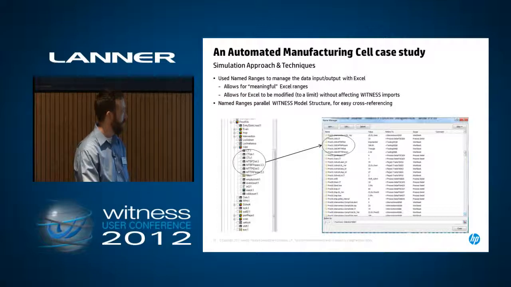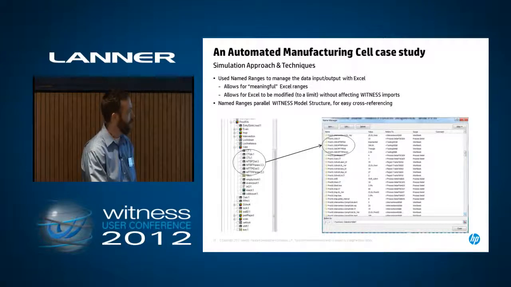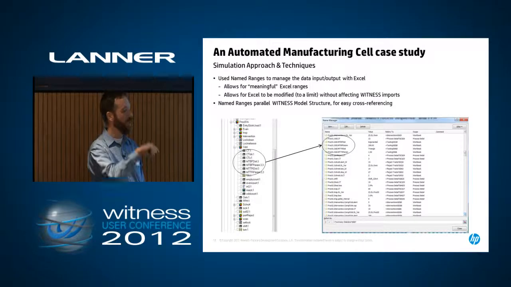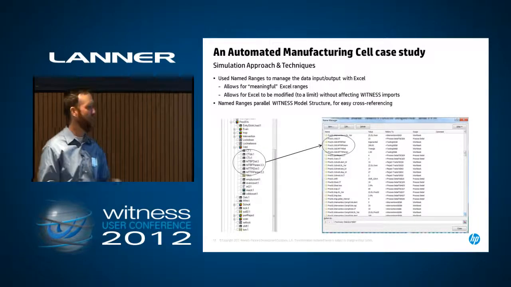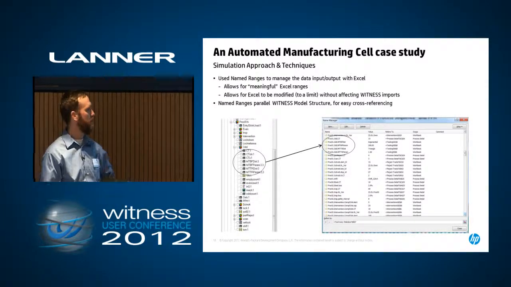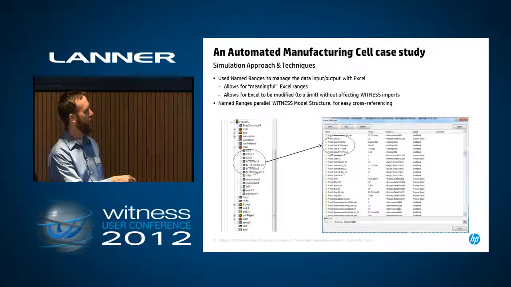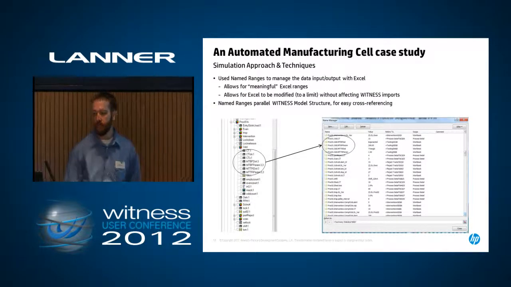There's a variable here called CT, and it's in the module odd, which is in the module proco1. And in Excel, I would call that proco1.odd.ct. So that's the same name that would show up in Witness as in Excel, which allows pretty easy cross-referencing.